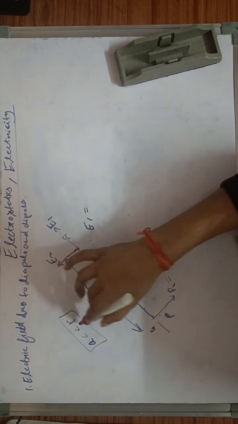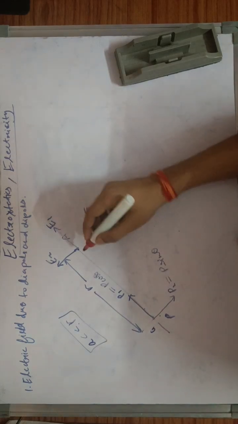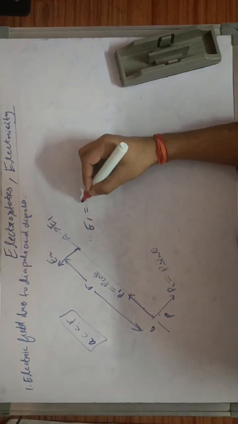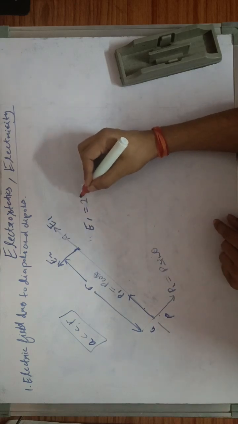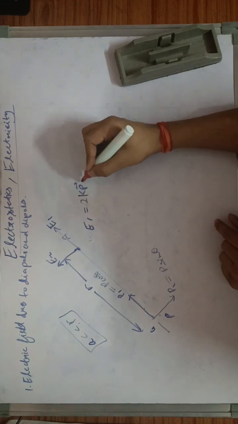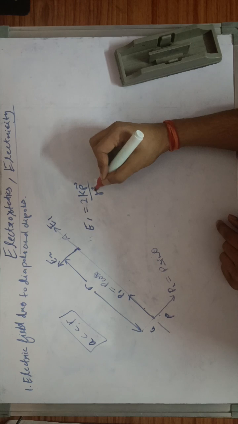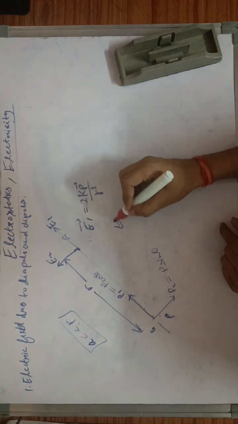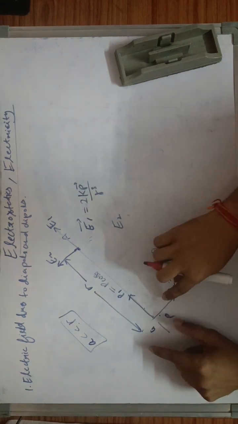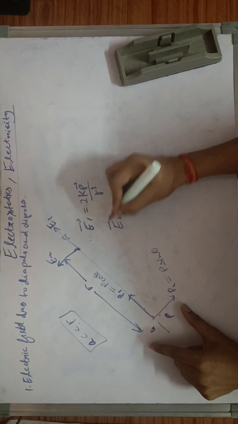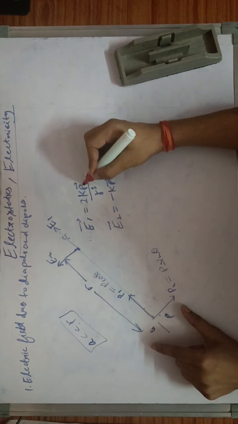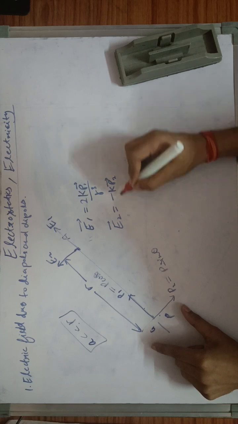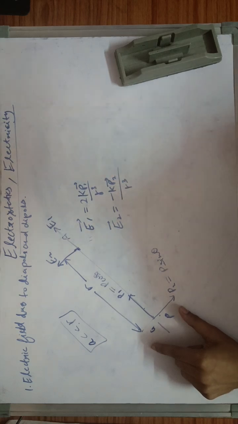If it is given, then in that case the formula of electric field at any point along the line is given simply by 2kp upon R cube, and in case of this equatorial plane, this E2 vector would be equal to minus kp vector, this is kp1 vector and this is kp2 vector, divided by R cube.